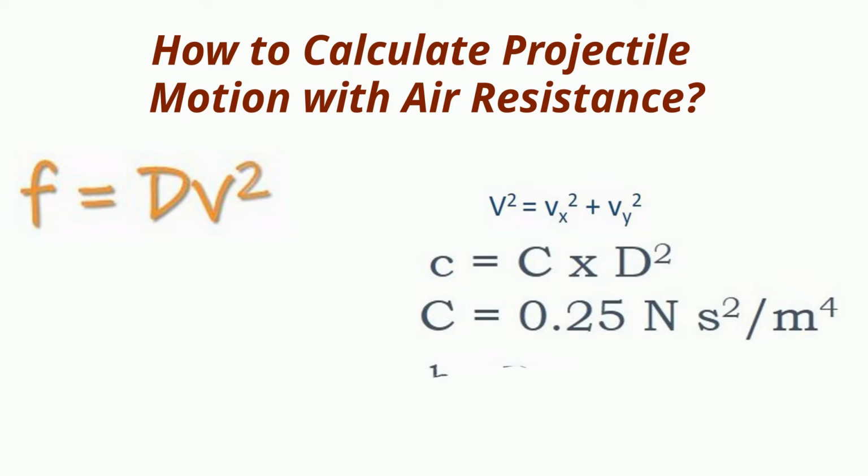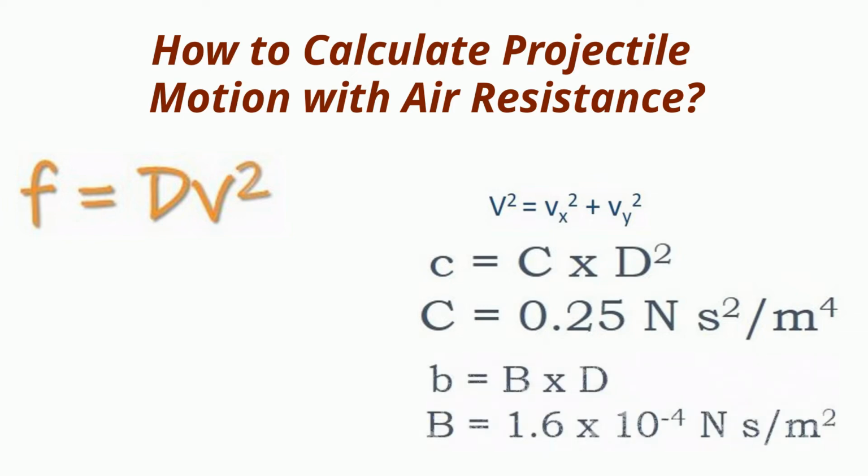and small b in the case of a spherical object equals capital B times capital D, where capital D denotes the diameter of the spherical object and the coefficient capital B depends on the nature of the medium. For a spherical projectile in air, capital B becomes something like this.